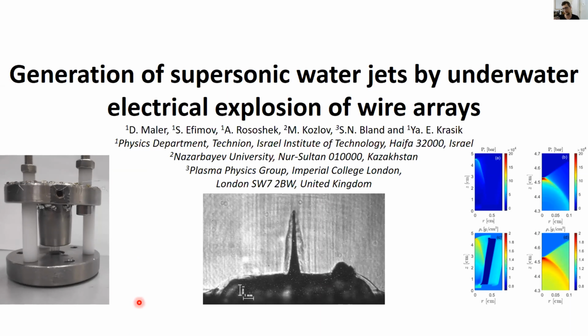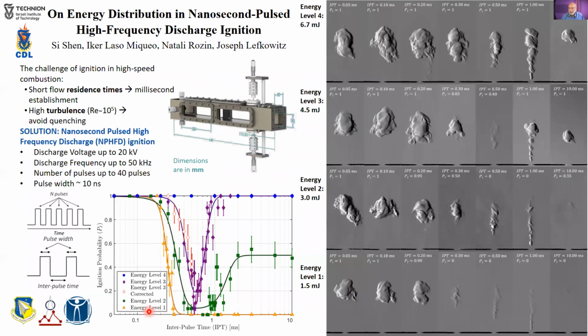Both water jets reach velocities of up to 4 kilometers per second. And also recent numerical modeling suggests that the generation of these high velocity jets could be the result of an accumulation effect happening in the axis symmetry when shock waves and water flow accumulate. Thank you.